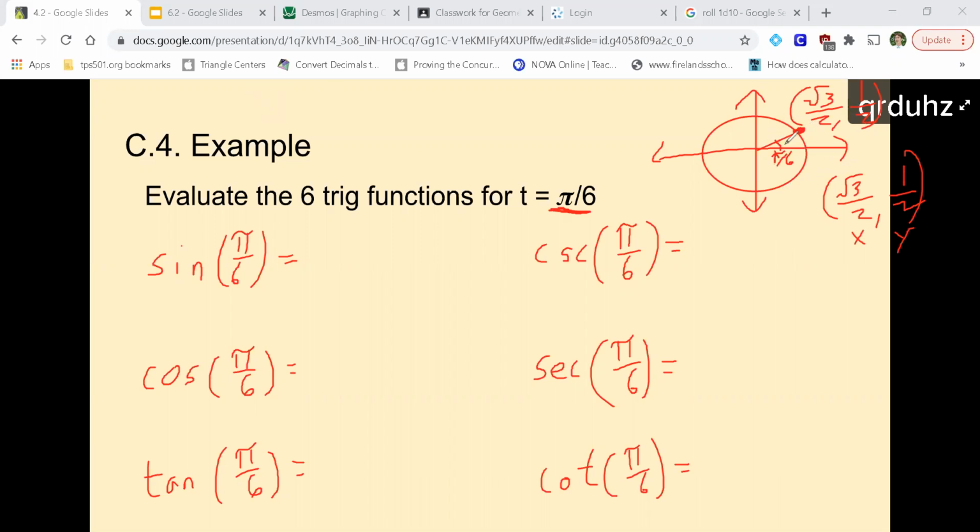All right, so once you have found that angle in your reference sheet, you then use your formulas to write your 6 answers. The sine of t is supposed to be the y value, so it's a half. The cosine of t is supposed to be your x value, so it's square root of 3 over 2.